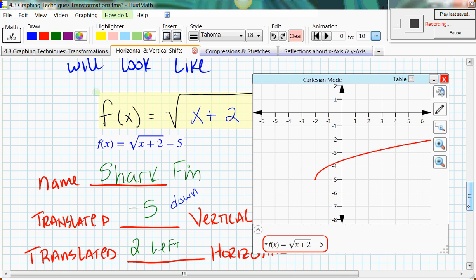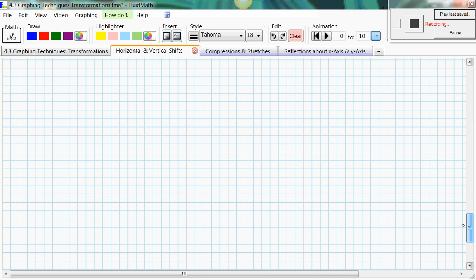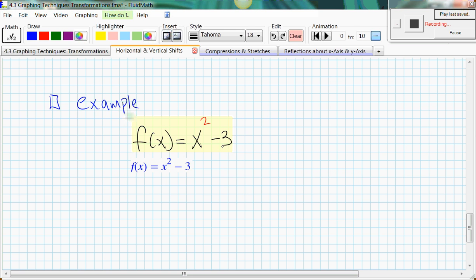Okay, let's try another one as an extra example here. If I gave f of x equal to x squared minus 3, since it's an x squared function, we would expect it to be a quadratic, so a parabola, but the minus 3 would move it down 3 units.